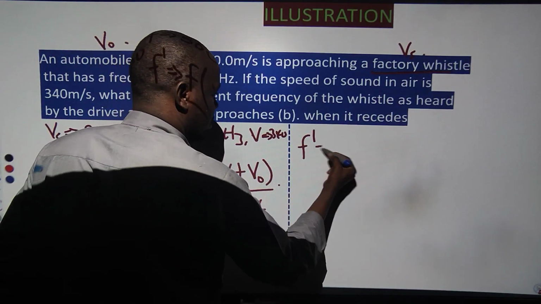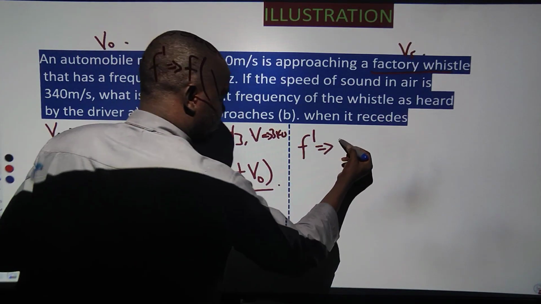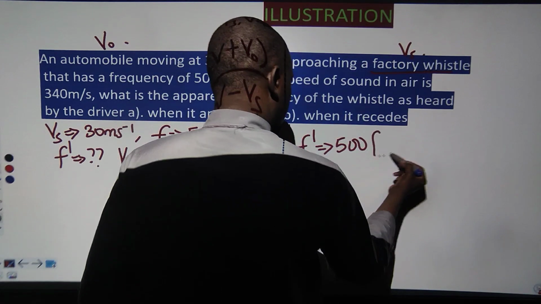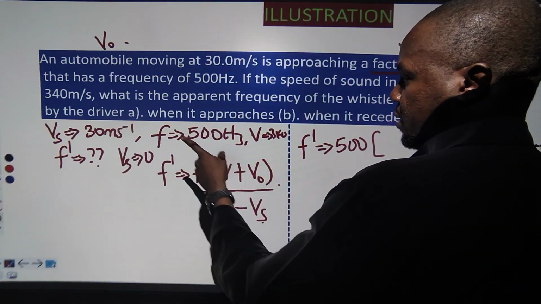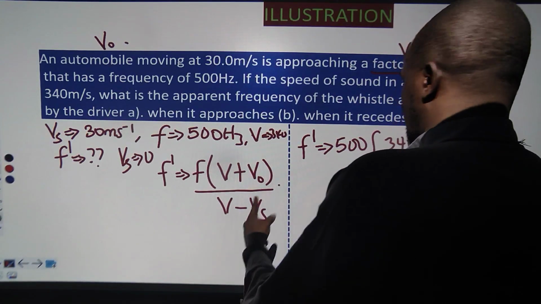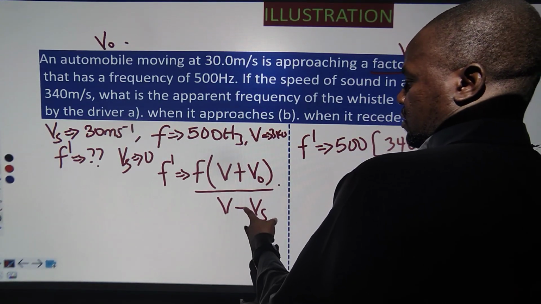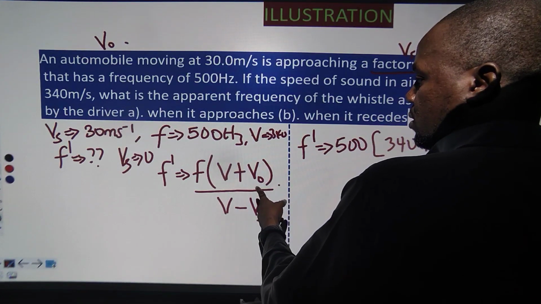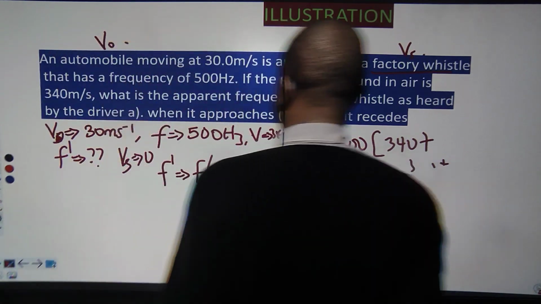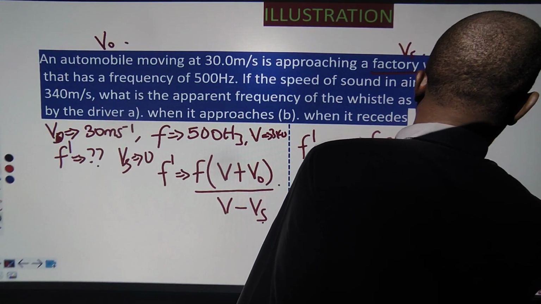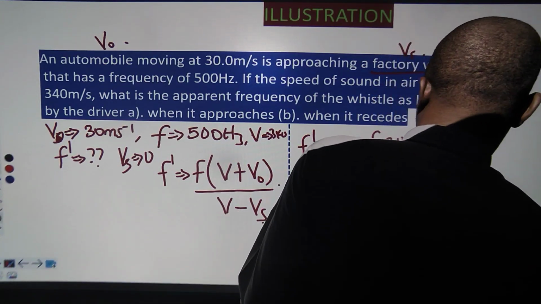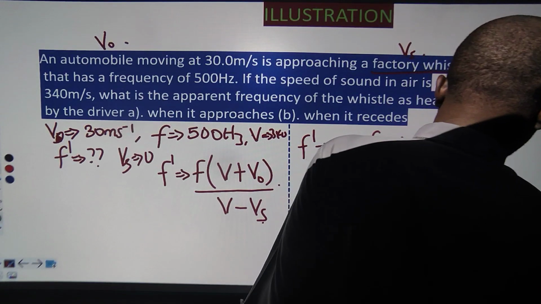F dash will now be equal to F, which is 500, then we open the bracket. V, the speed of sound, is 340, plus V naught, which is 30, divided by 340 minus 0.